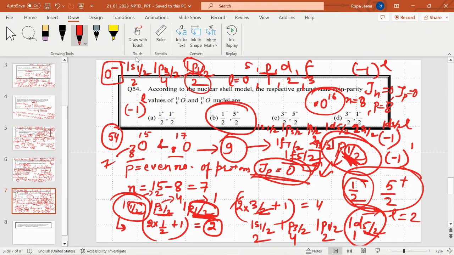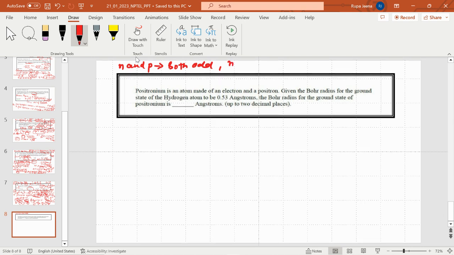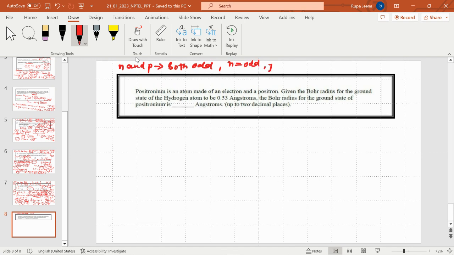Yes, if both the proton and neutron number are odd, then you need to just find out the J value. Suppose N is odd, and I have assigned J1 and L1, total angular momentum and orbital angular momentum, to N, and for P I have assigned J2 and L2.